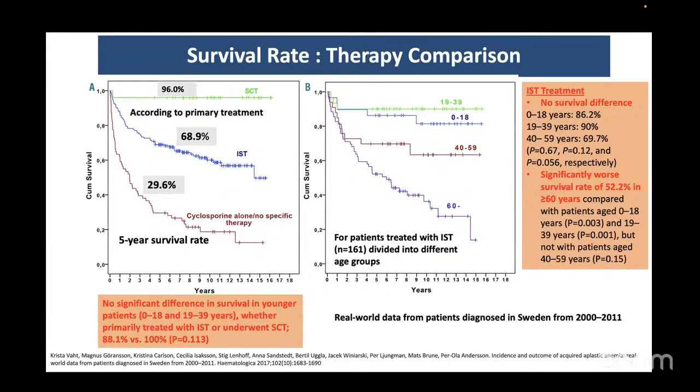If we have something as good as a triple IST with rates up to 88%, that is something we desperately need. With IST treatment, there have been no survival differences in the younger age groups, but in older age groups above 60, there is a significant difference between the survival rate with post BMT and post IST patients.